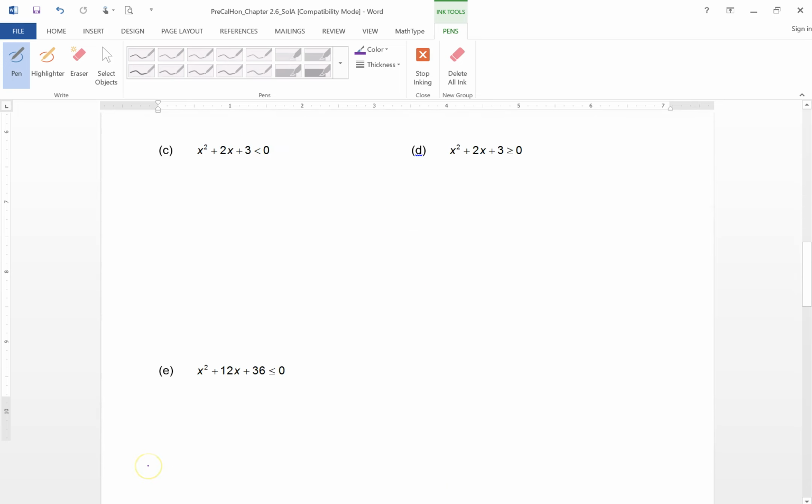Okay, so these are special cases. C, D, and E are all special cases. We're going to try to factor C, but it doesn't factor. So what we're going to do is use the quadratic formula: negative b plus or minus the square root of b squared minus 4ac, over 2a.